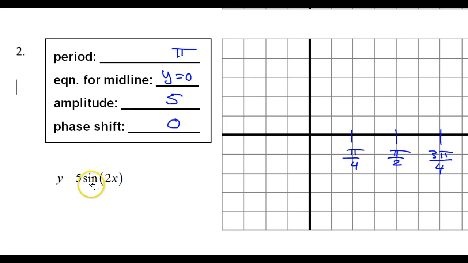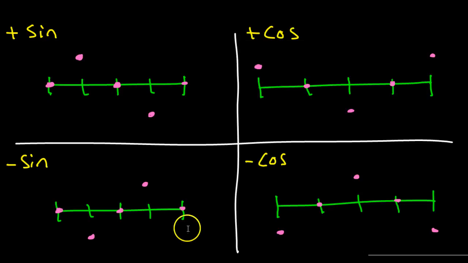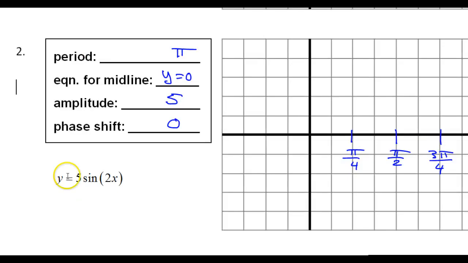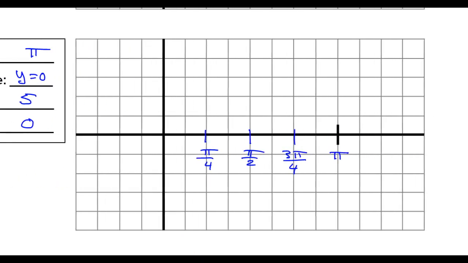So we are dealing with a sine function, and we have learned that the sine function always starts off at the midline, and if it's positive, it goes up first and then down. So it is positive, so we're going to start off by going up and then down. Because this has no phase shift, these will be my actual points. So starting at 0, I'm going to go up the amplitude. 1, 2, 3, 4, 5.